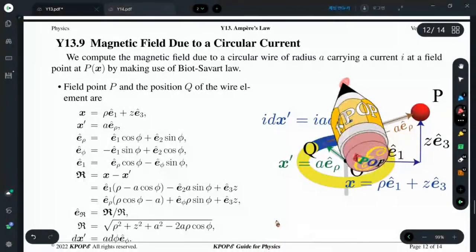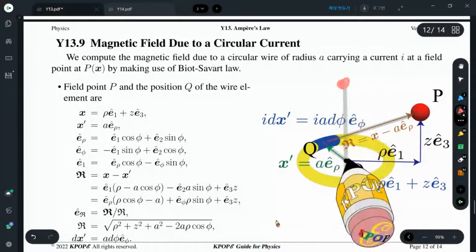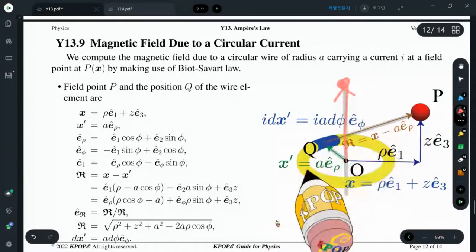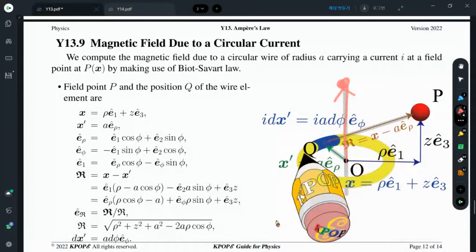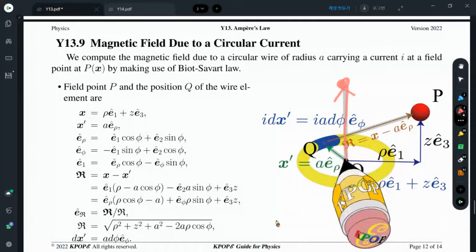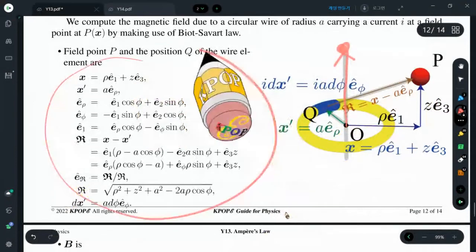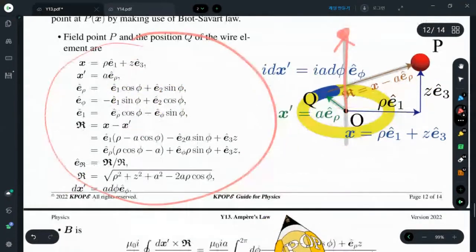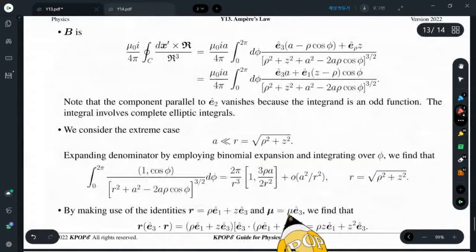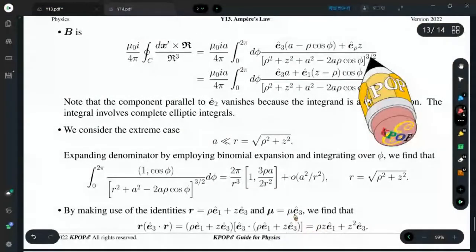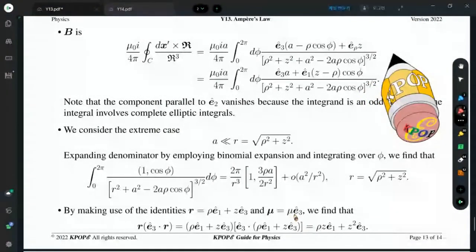Previously, we have considered the field point just above the center of a circular wire carrying current, but we can also consider an arbitrary point. Computation is a little bit complicated, but at the end of the day, it requires evaluating the elliptic integral.